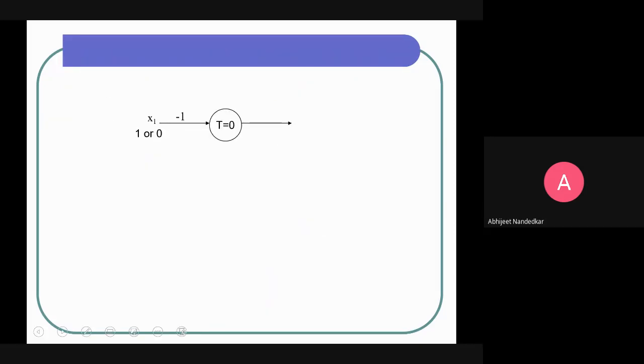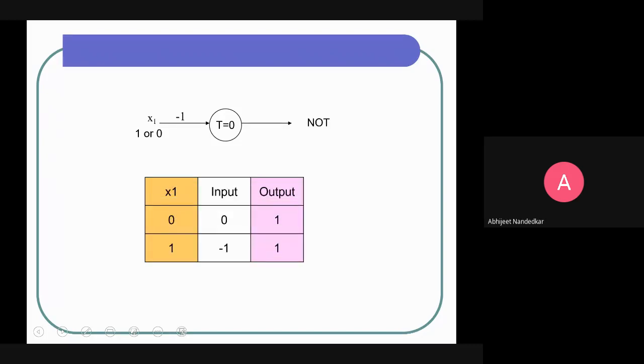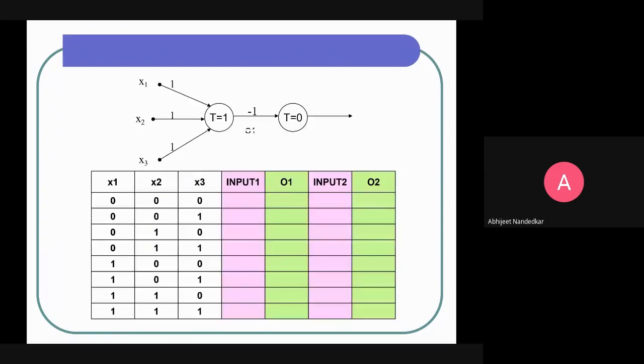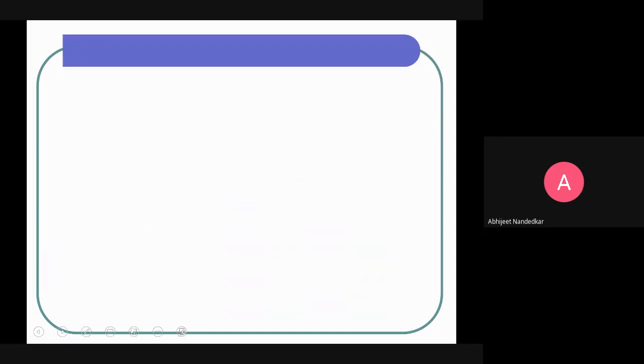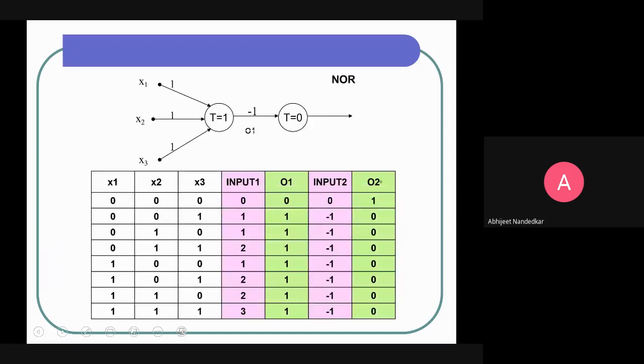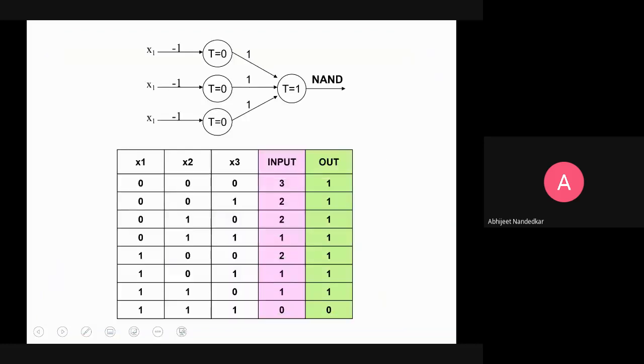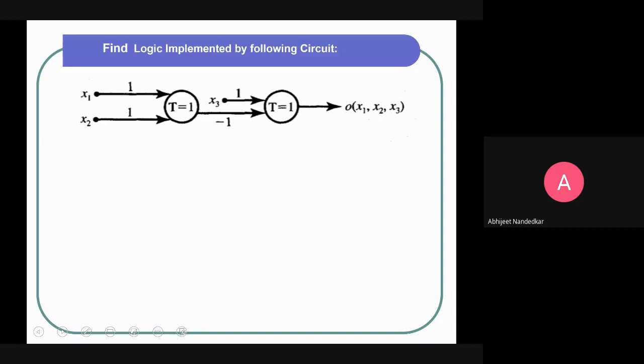Then we have seen some examples like NOT gate, NOR gate and NAND gate. Have you solved this homework?